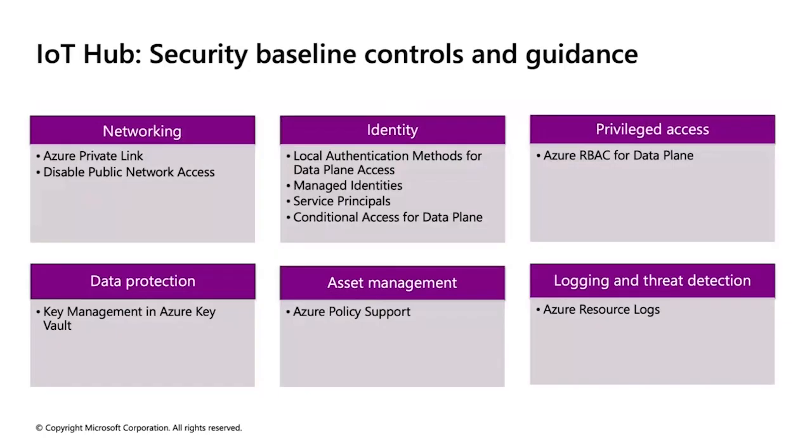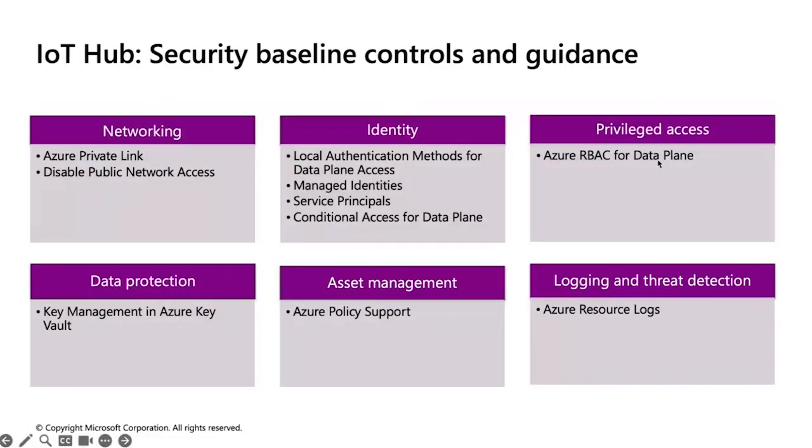Next, in identity, what kind of recommendations do we see here? In identity, a local authentication method for data plane access would be helpful. We can consider managed identities, service principals, and conditional access for the data plane where data is being accessed. That would be helpful.